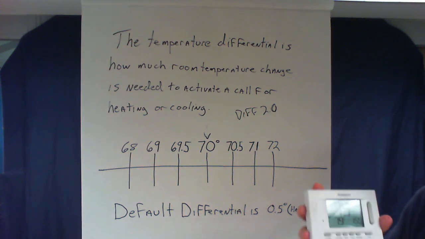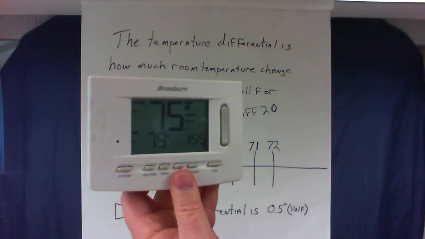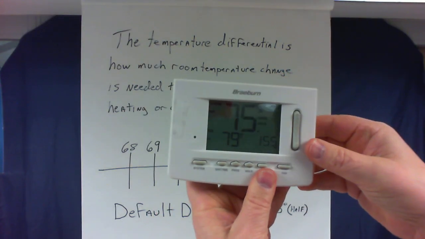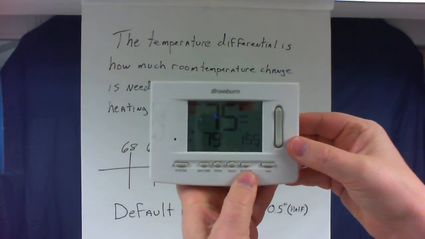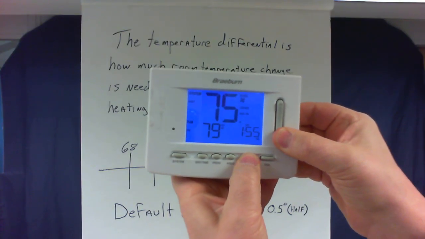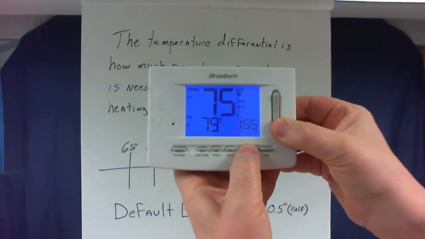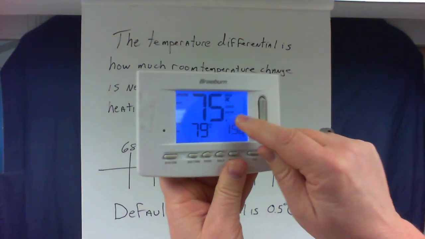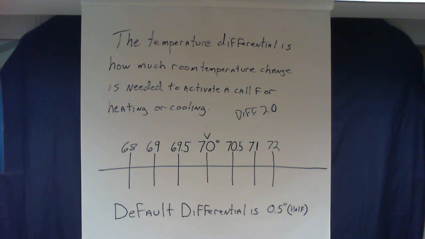On this model 5020, we can change our differential by accessing the installer setup menu. On this model, it would be the return and the down arrow. Hold those two buttons for a few seconds, and it will, oh, actually this thermostat's locked. Let me unlock it first.